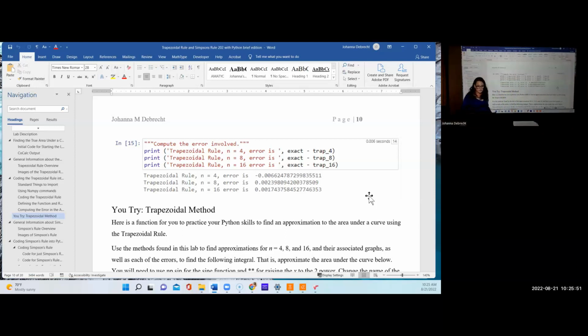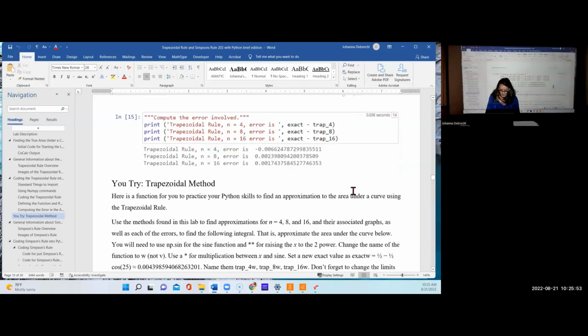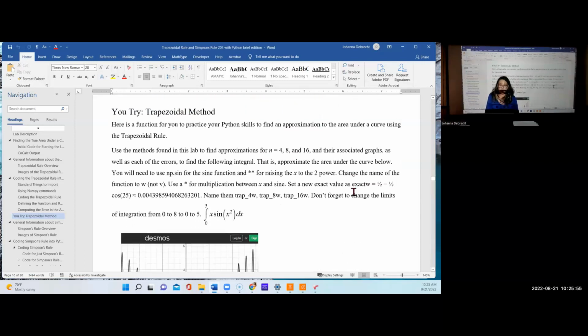Now we're ready for you to try this. What you want to do is you want to repeat the process that's already been done, and you again want to approximate using 4, 8, and 16 boxes, not a whole lot of subintervals, but some. You will need the command for sign, which is np.sign. Remember to use 2 asterisks for raising something to a power, and you will want to change the name of the function.